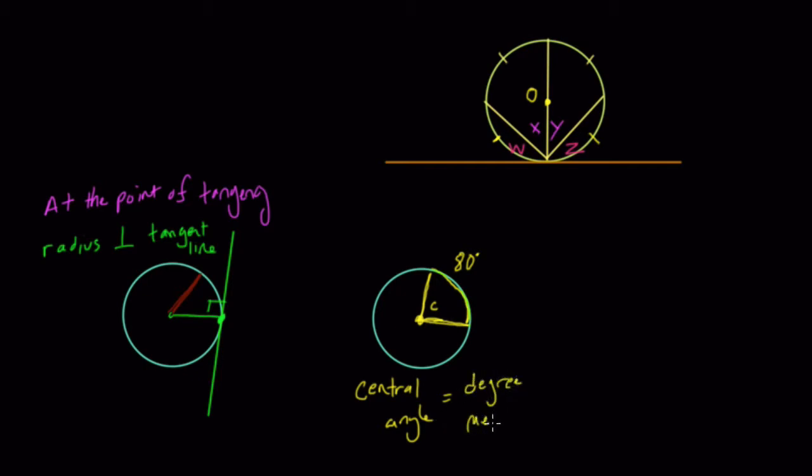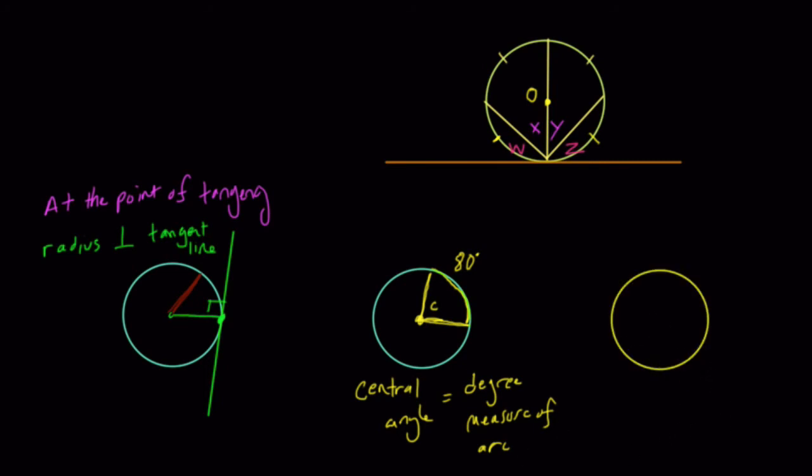What's interesting though is, what happens if we have an angle that's not central, like in this case, x plus y. This forms an angle in this circle, but not formed at the center. Well, what happens is wonderful to prove.